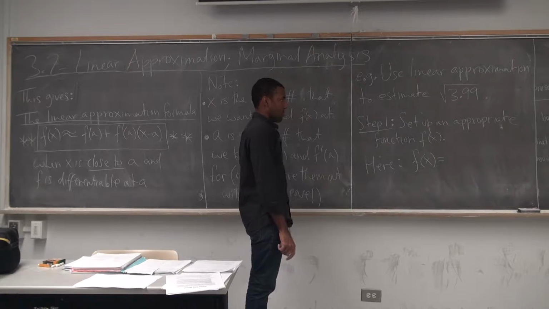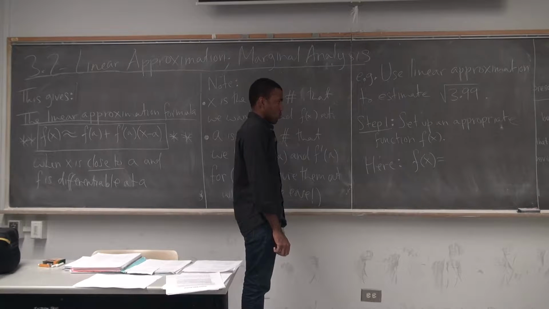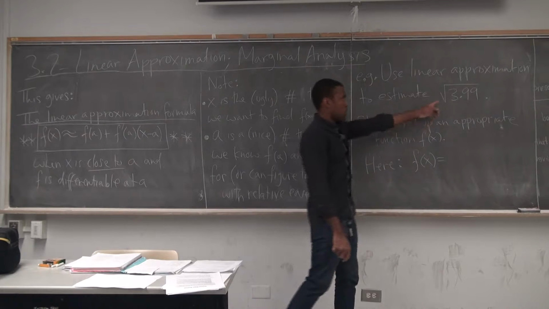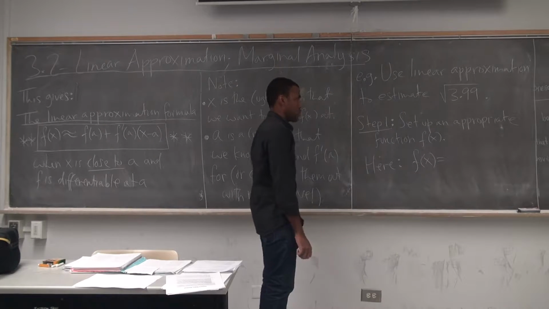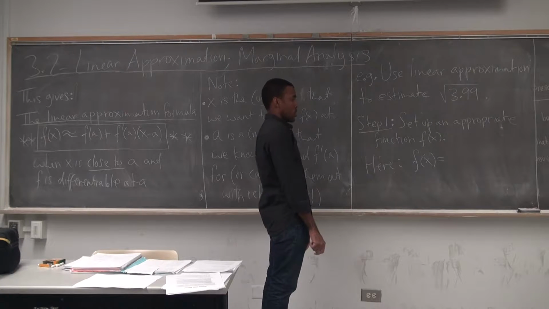Exponential. What kind of exponential? Increasing. Well, we have the square root of a number. So what function do you think we should use to figure out the square root of a number? Natural number. How can you use a log to figure out the square root of a number?